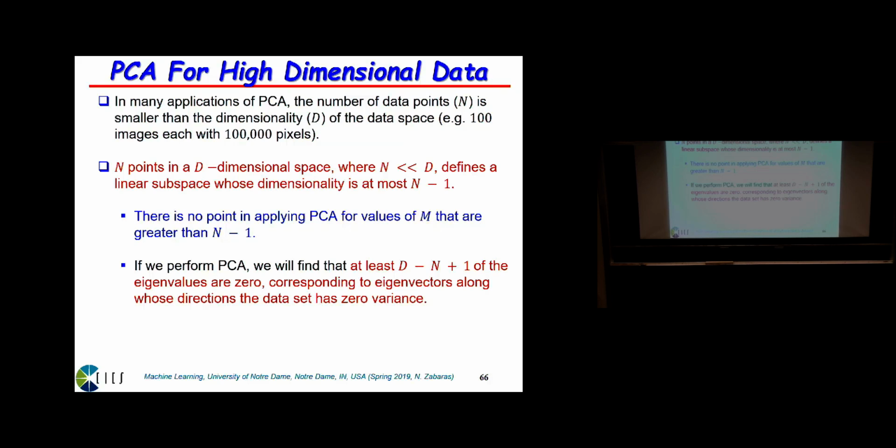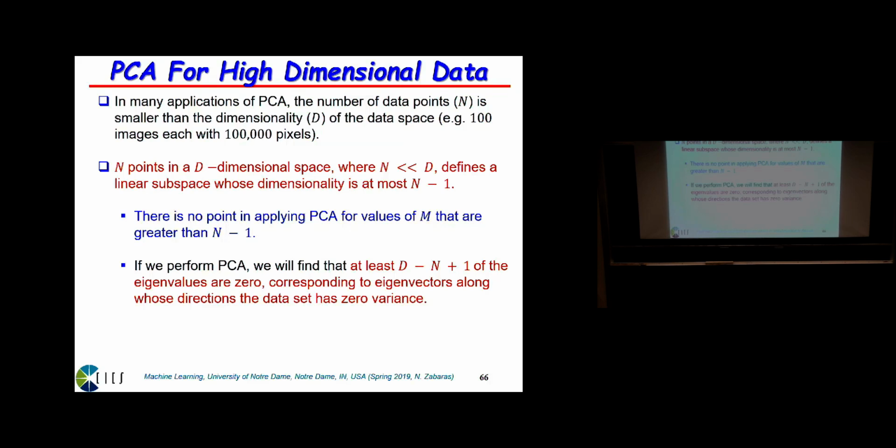Let me finish this up and examine two cases. One case is when the number of data points is way less than the dimensionality of the problem, and another is when the number of data points is way higher than the dimensionality. If n is way less than d, so you can think of d being 1,000,000 and you only have 1,000 data points, the only thing to keep in mind is the linear space where you can do PCA.